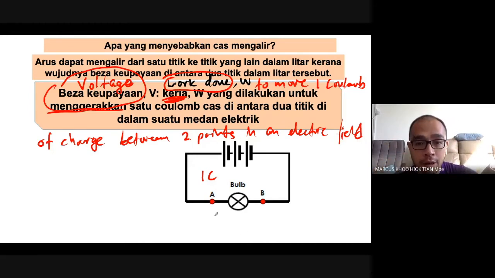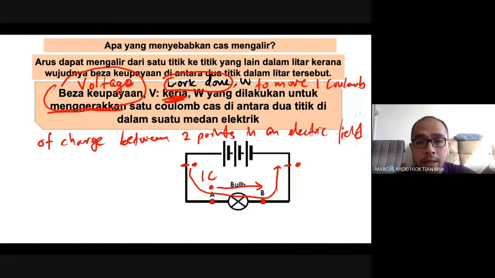Okay, of course, let's say this is 1 coulomb of charge. To move from this point to this point, you need less work, compared to if my starting point is here, this is the charge, and I want it to go all the way over here to this part.